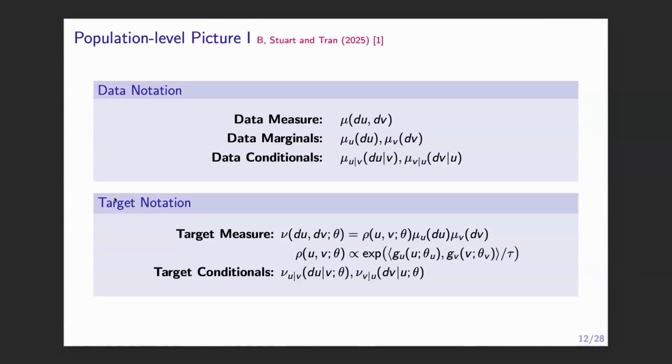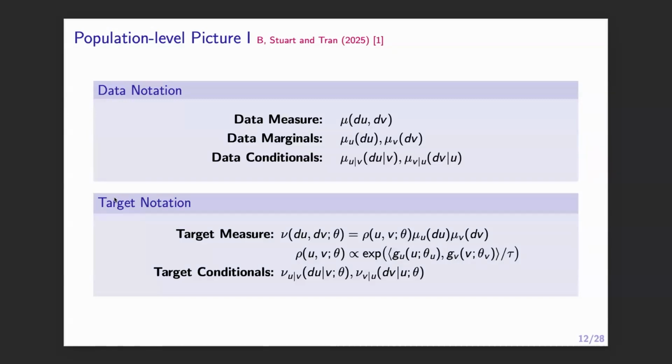So this is the conditional distribution over, for instance, mu of u given v, of all text given a particular image. And what I'm going to define is a target distribution, nu, which takes the two marginal distributions for text and image, mu_u and mu_v, and multiplies it, or tilts it, if I can use that term, by a density rho, which depends on both u and v, and is constructed based on the exponential of the inner product between the encodings g of text and image.